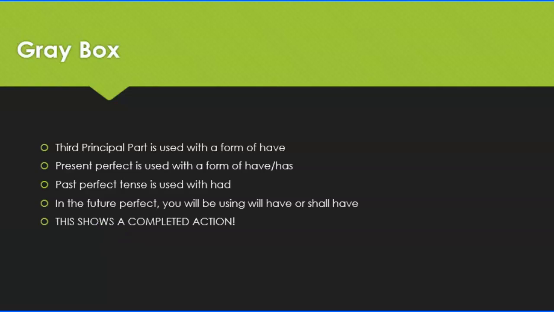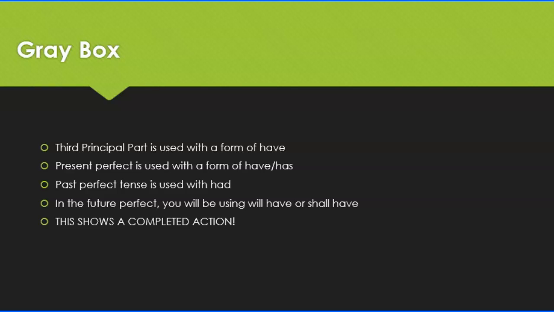Now, our perfect tenses are formed when we use the third principal part. Remember, we did that lesson a couple lessons back. And it is used with a form of have. The present perfect tense is used with have or has. The past perfect tense is used with had. That would make sense.